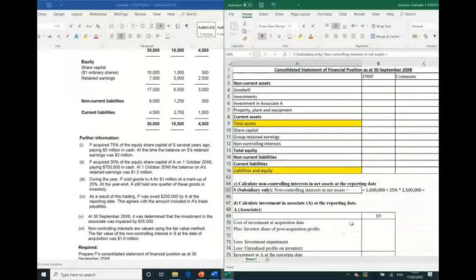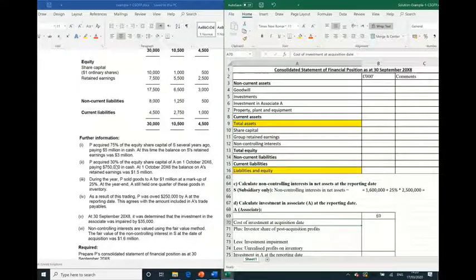So the investment in associate. We need first, for the associate, the cost of investment at acquisition date, and the cost of investment at acquisition date is given in the second additional information here.